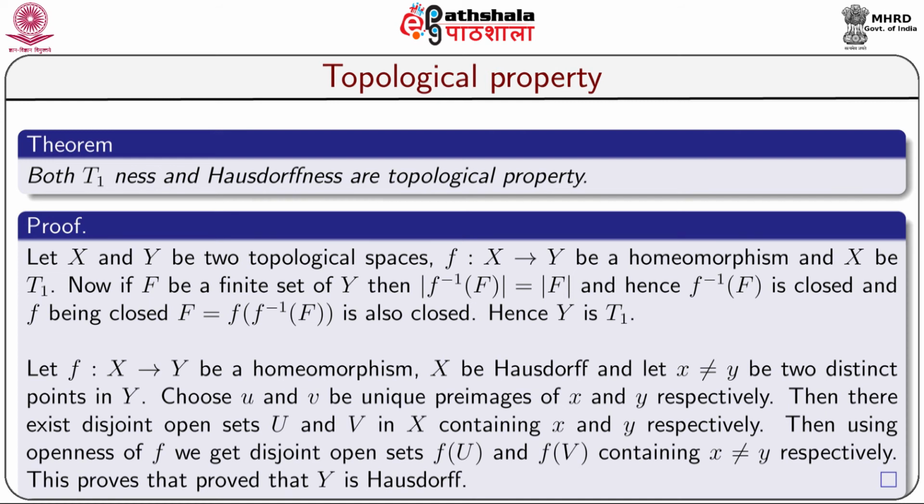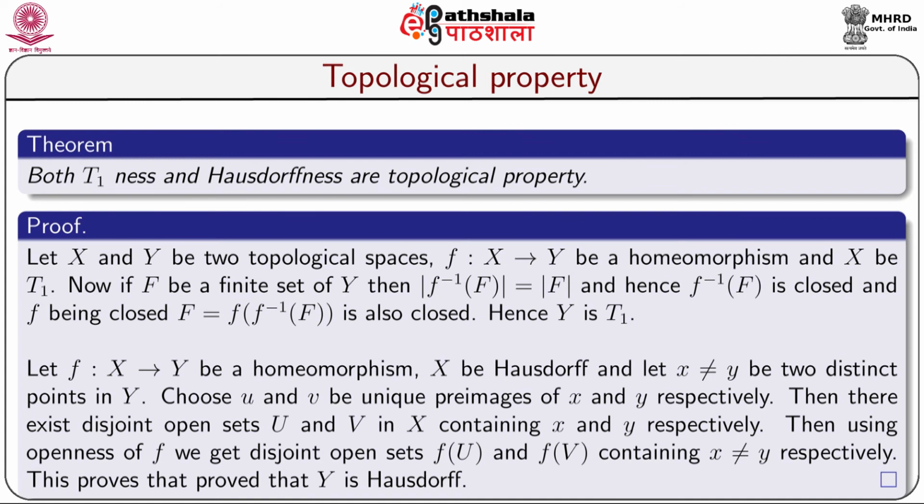So, we have to find two disjoint open sets in Y such that one contains x and the other contains y. Now, since X is Hausdorff and u and v are different points in capital X, then there exist disjoint open sets capital U and capital V in capital X such that small u is contained in capital U and small v is contained in capital V, and capital U and capital V are disjoint.